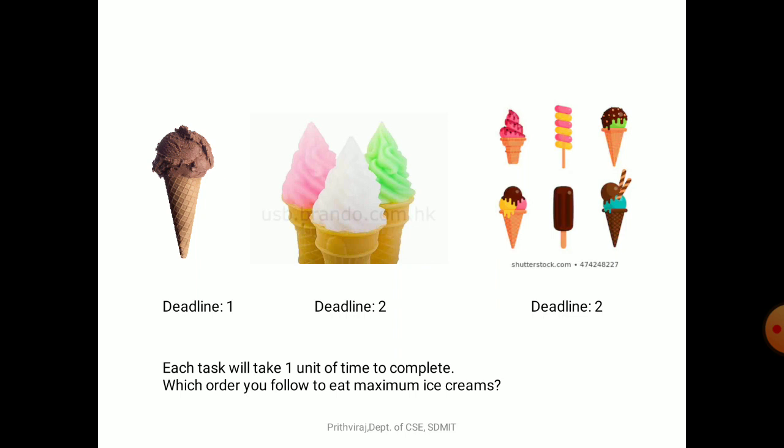So I can achieve totally 9 ice creams if I follow this order. Hope you understood this example. So at the end I can get more ice creams. This is how we can solve the problem called job sequencing with deadlines.